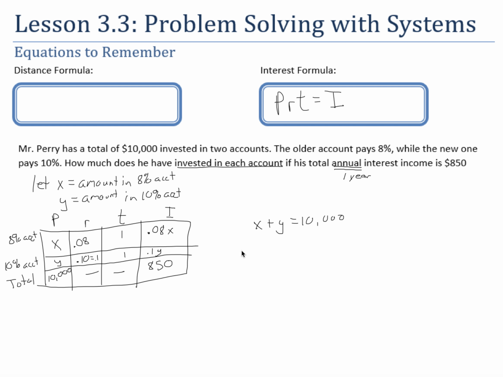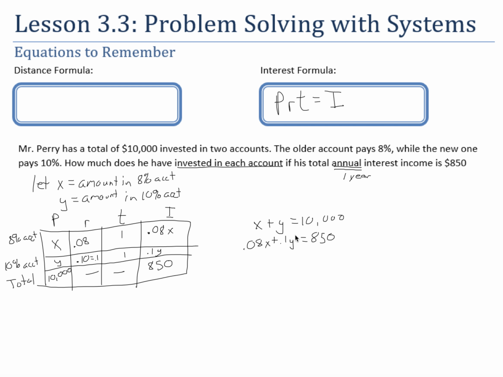And then our interest is 0.08x plus the interest earned in this one, plus 0.1y, equals the 850. We can use substitution or elimination here. I actually prefer elimination when possible, so I'm going to do elimination, and since we have this great invention of calculators, it makes it easier for us.